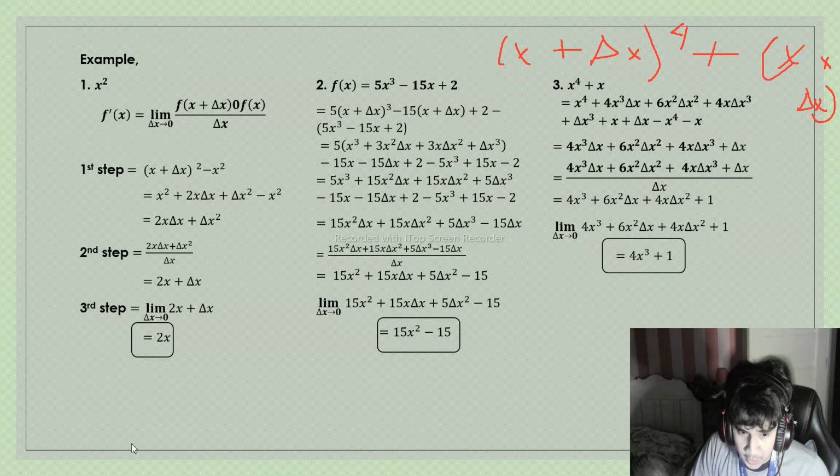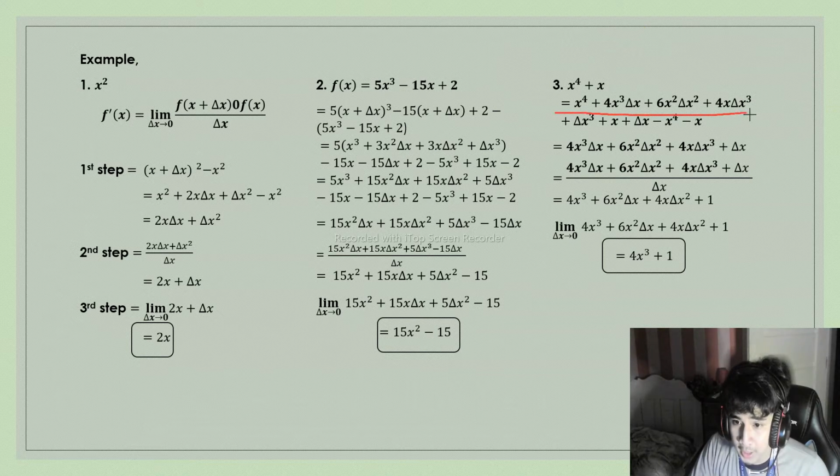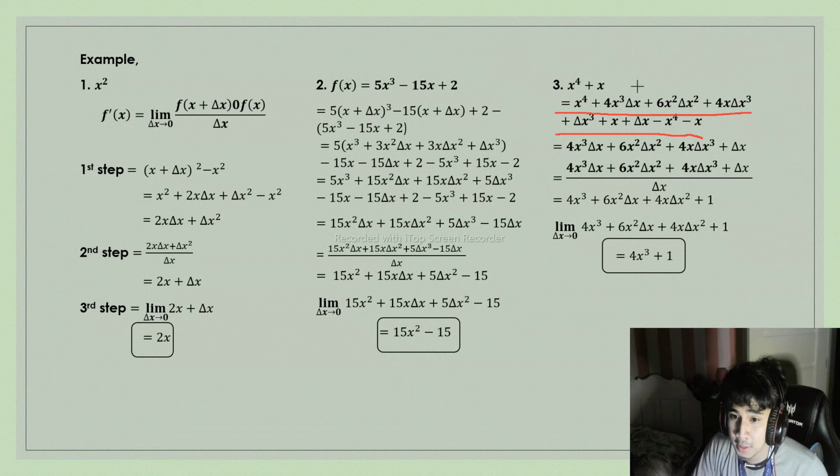Tapos, simplify natin. Ito yung makukuha natin using Pascal's triangle. Kung mapapansin nyo yung Pascal's triangle, unang variable, yung x pababa from 4, 3 to 1, 0.